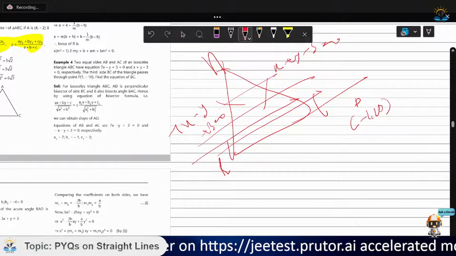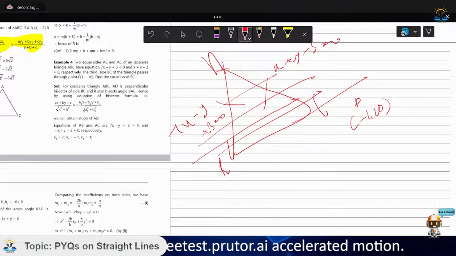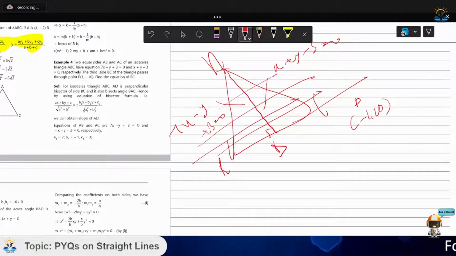So we just have to calculate the slope of this line because we know that it could be parallel and just the slope is required. So to get the slope, yeah, the bisector formula is nice. The solution has guided us, we can take the bisector formula. So the AD equation can be given by this.